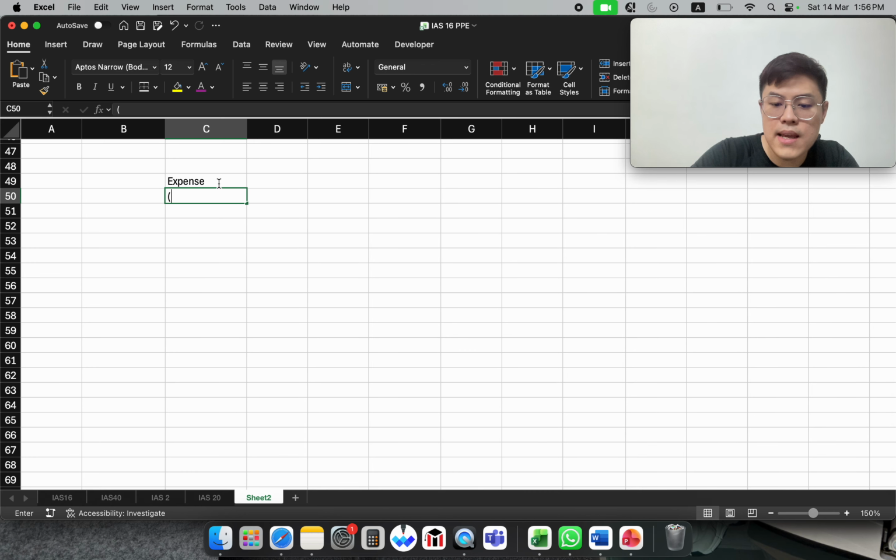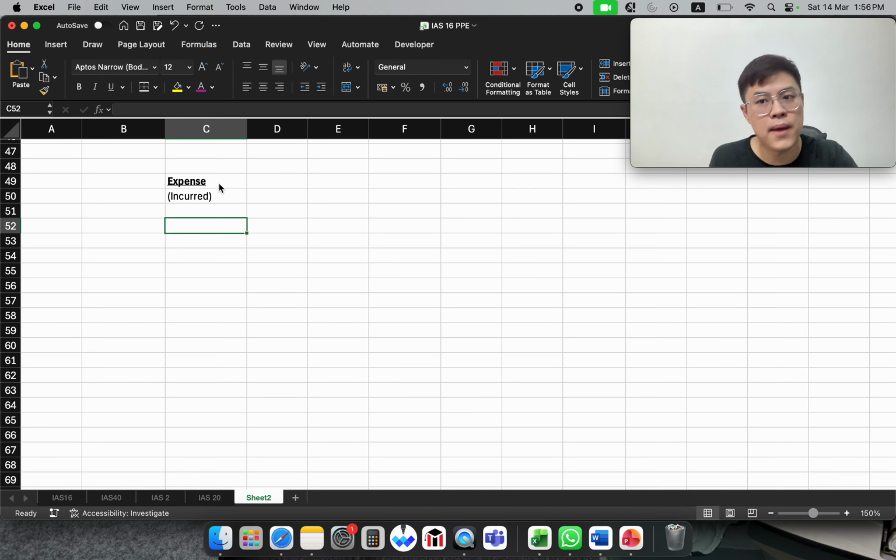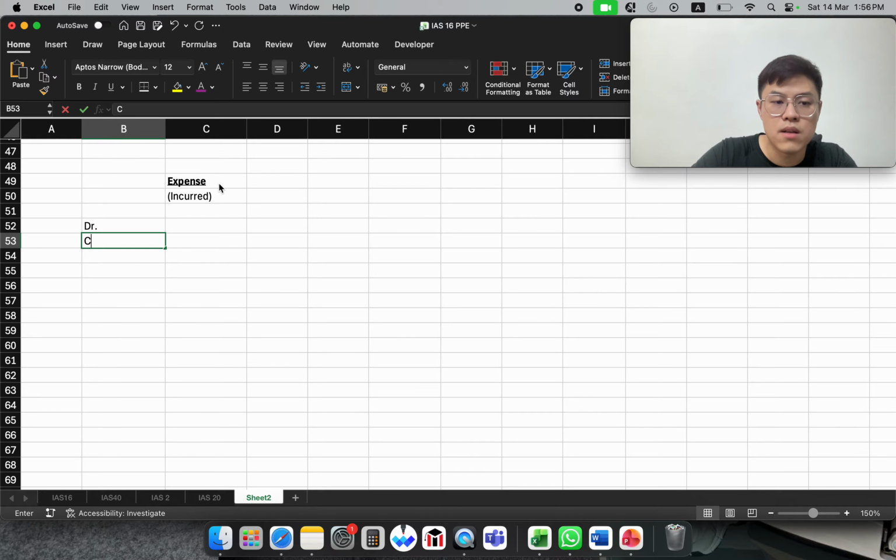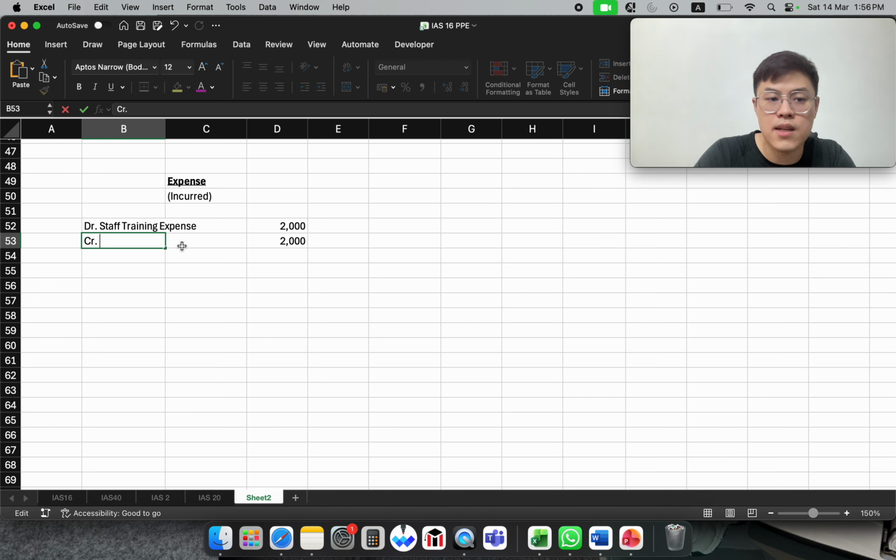Let's say we have incurred the expenses already. Incurred means not yet paid. It can be not yet paid, it can be paid, but we have actually made the expenses happen. So assuming we are talking about staff training expense, we will debit, for example, 2,000, and I can credit bank if I paid already. If I haven't paid, I just credit accrued expenses for staff training.